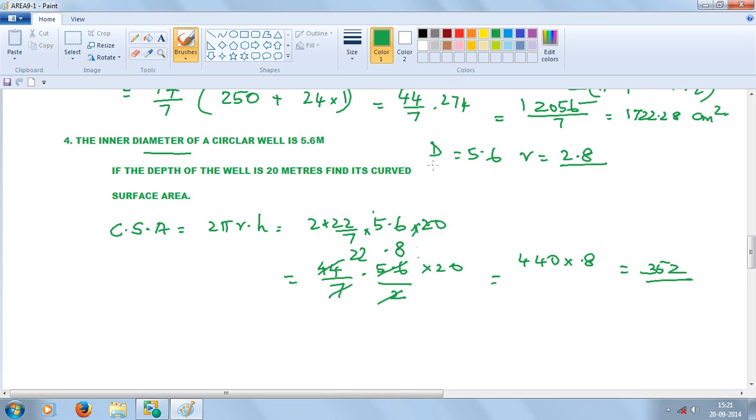So d is equal to 5.6, radius equal to 2.8. So here, instead of 5.6, we divide by 2. 44 multiplied by 0.8 is equal to 35.2. That gives the answer. It is 352 square meter.